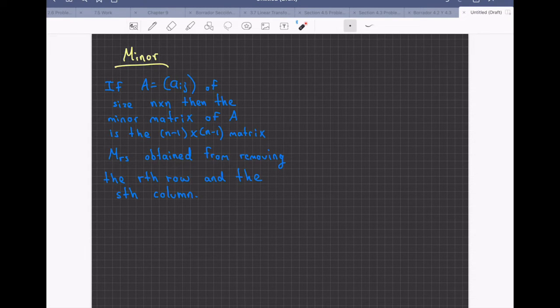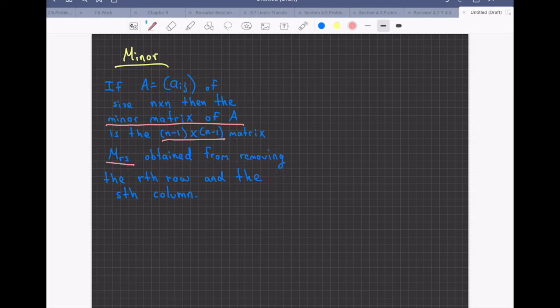So we have a matrix with size n by n, then the minor matrix of A is a matrix with size n minus 1 times n minus 1, so one unit less than the original. That is denoted in this way.